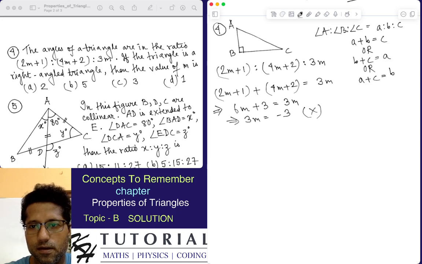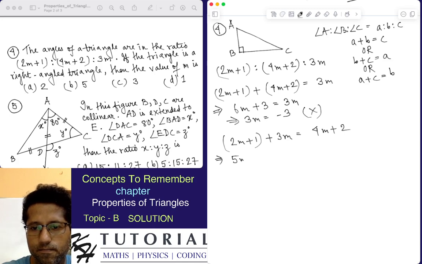Let's say, if 2m plus 1 plus 3m is equal to 4m plus 2 or not. This implies 5m plus 1 equals 4m plus 2.